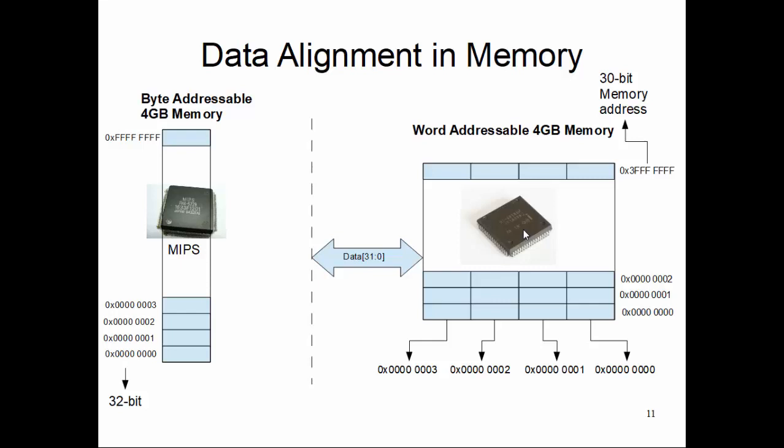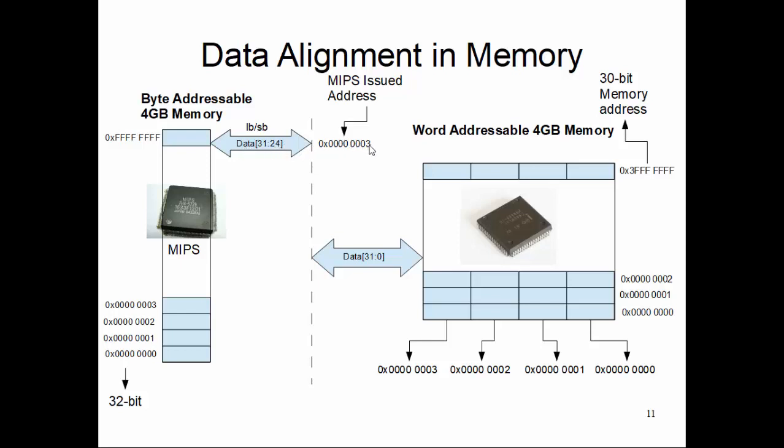If it is a load byte or store byte, let's say it's bidirectional, it's the same concept. For a load byte, if it is a higher address request, like let's say address 3, the higher byte will be picked up. This is the most significant byte, picked up for address 3.